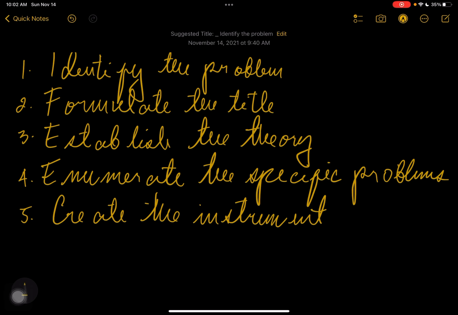And the last element is to create the instrument. As I mentioned earlier, the theory usually contains variables and presents the relationship of these variables to each other. And these variables would be the basis of the creation of your instrument.